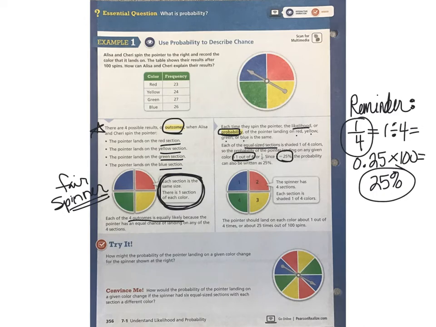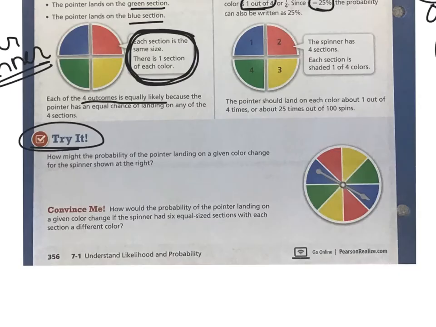Now go down to the try it question at the bottom of the page. Try that question looking at a new spinner and see if you can answer the question. Some things to consider are to look at how many sections are now on the spinner. 1, 2, 3, 4, 5, 6, 7, 8.